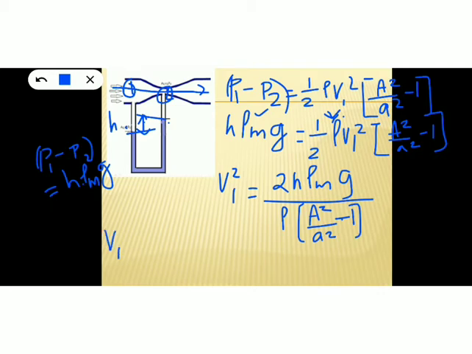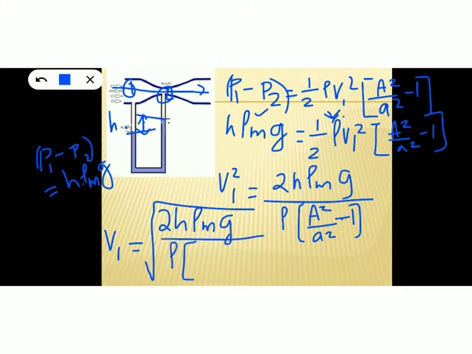V1 is equal to square root of 2h rho m g by rho into A square by small a square minus 1. So this is the expression to find out the rate of flow through the Venturi meter. This Venturi meter helps us to measure the flow of a liquid, and the working of this Venturi meter is based on Bernoulli's theorem.